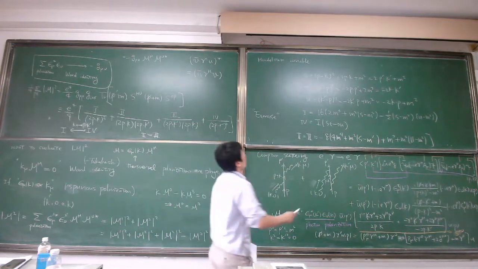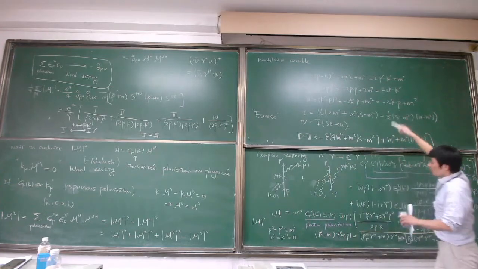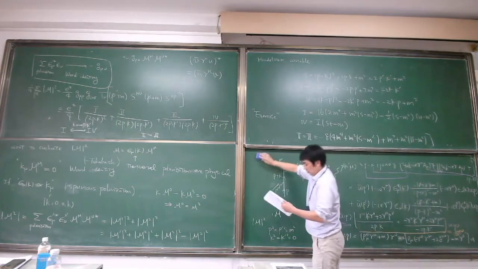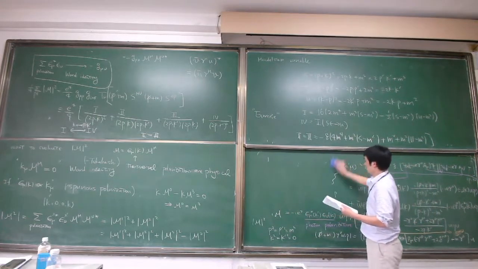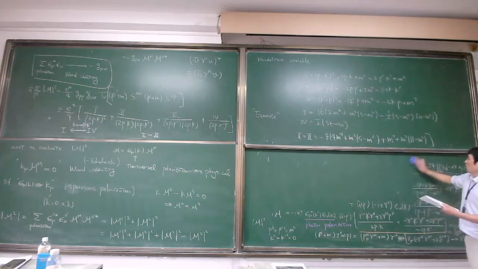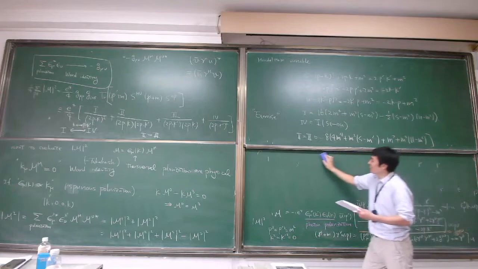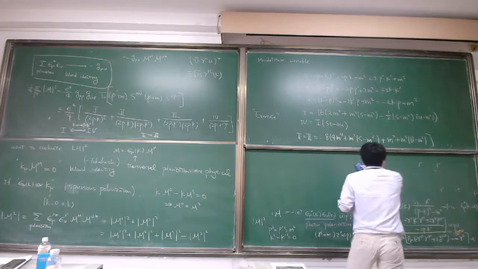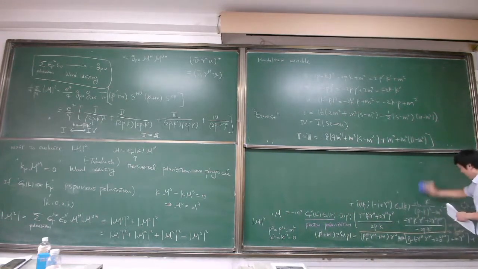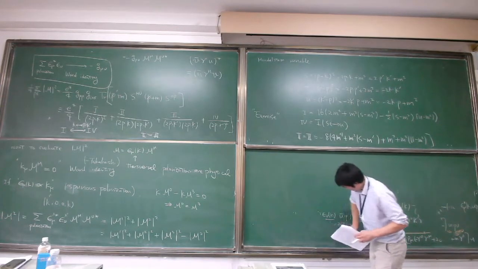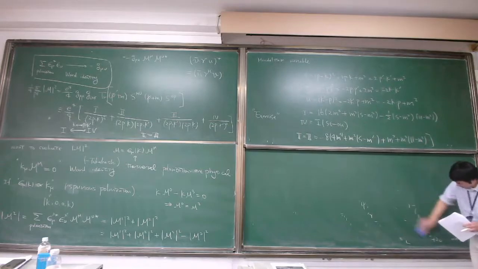And then we know s, t, u is just given by here. Then we just need to write down the explicit form of |M|^2.